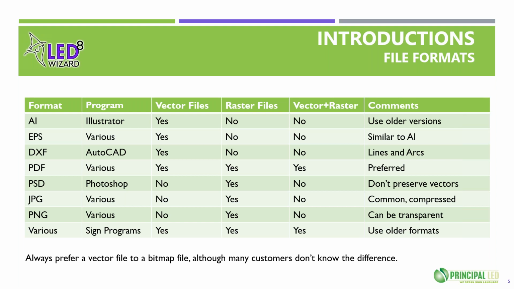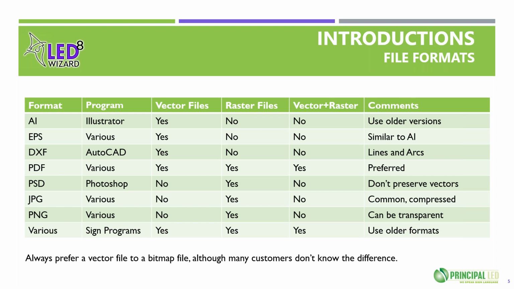So that's one of the gotchas with PDF. AI and EPS kind of go together. A lot of programs will support importing and exporting of AI and EPS. AI is native to Illustrator, but it's a common format across the industry.